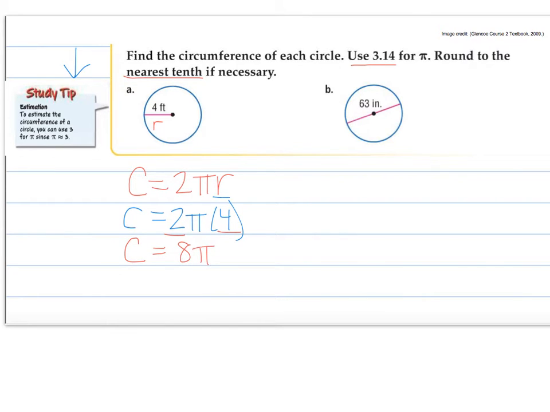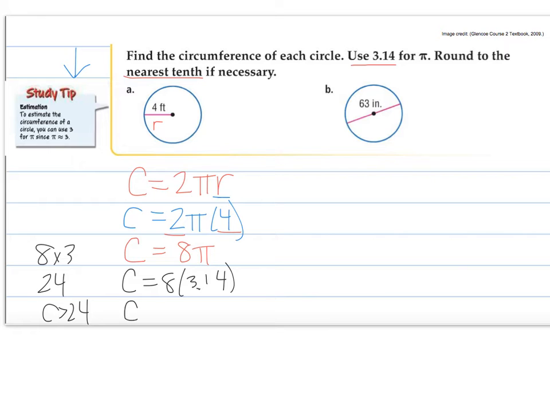I'm going to multiply that by pi. I could type pi in my calculator, but the directions were to use 3.14. So I'm doing 8 times 3.14. Estimation: well, I know 8 times 3 is 24, so my circumference should be a little bit more than 24 because of that extra 14/100ths.